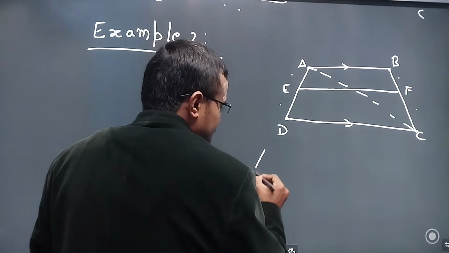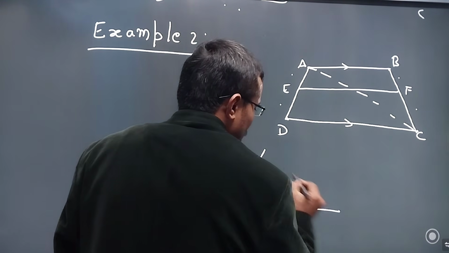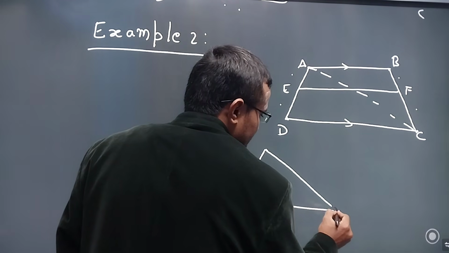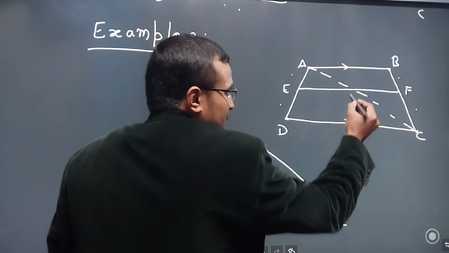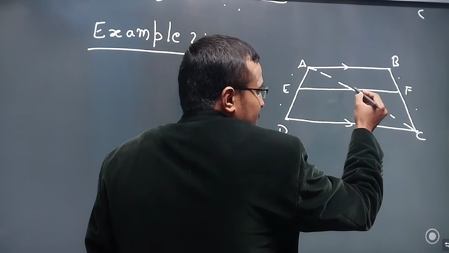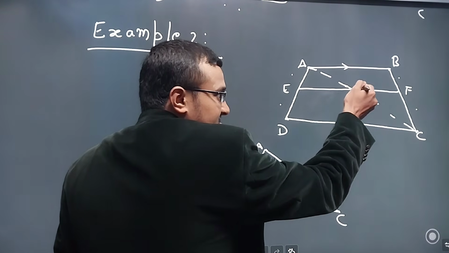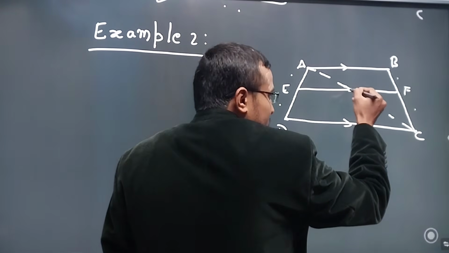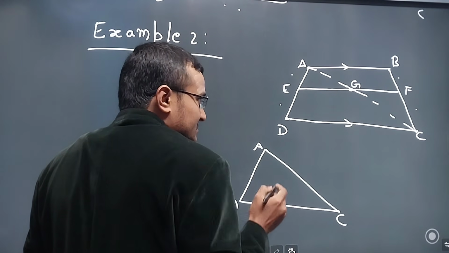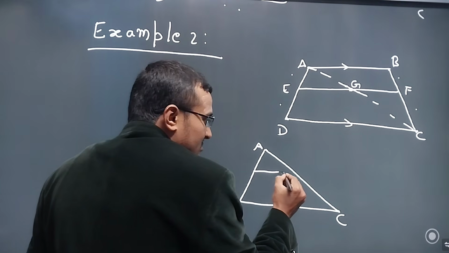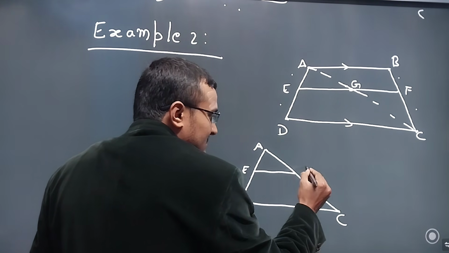One is this particular triangle, that is ADC, and the point where AC intersects EF, you can name as G. So if you name that as G, then here you will have an EG line.